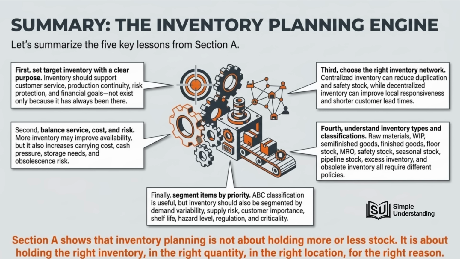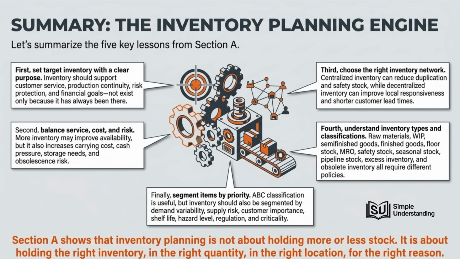Fourth, understand inventory types and classifications. Raw materials, WIP, semi-finished goods, finished goods, floor stock, MRO, safety stock, seasonal stock, pipeline stock, excess inventory, and obsolete inventory all require different policies.